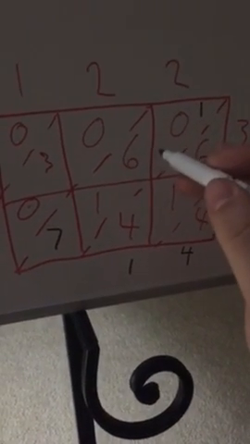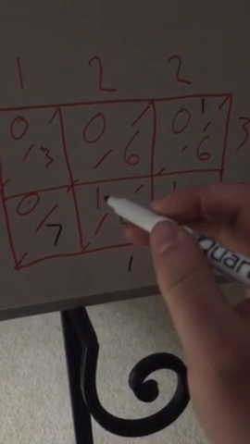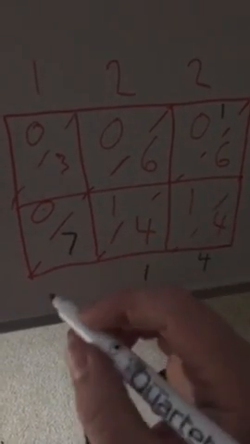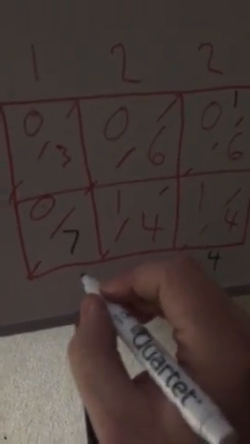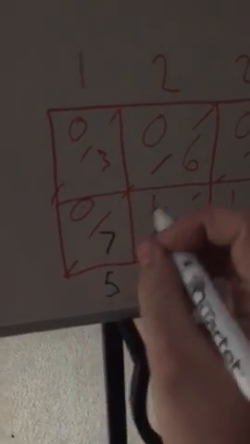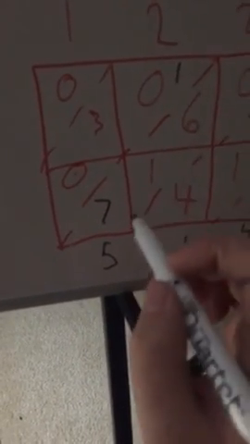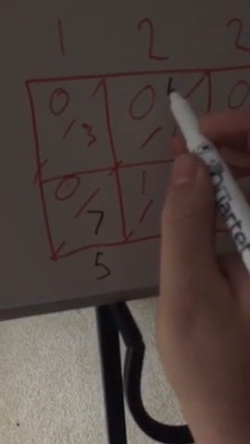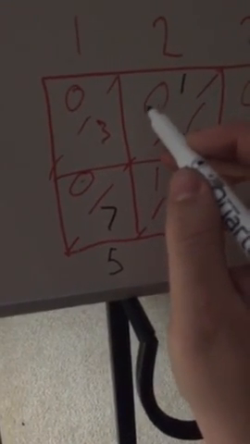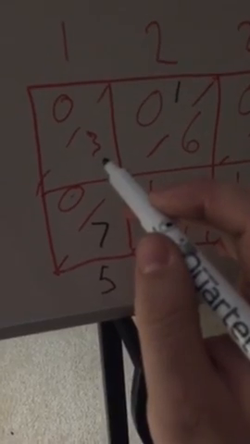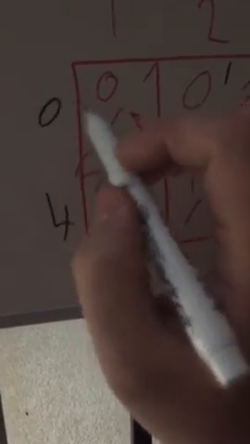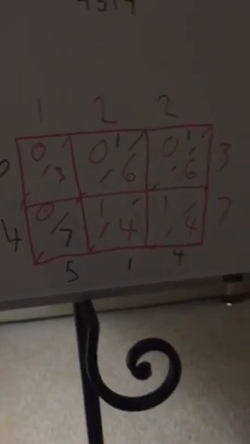So 1 plus 6 is 7, 7 plus 1 is 8, 8 plus 7 is 15. So we're going to put a 5 there, and we're going to carry 1 right there. So 1 plus 0 is 1, 1 plus 3 is 4, 4 plus 0 is 4. Then we have nothing up here because it's a 0. So our answer, as you can see, is 4,514. There you go.